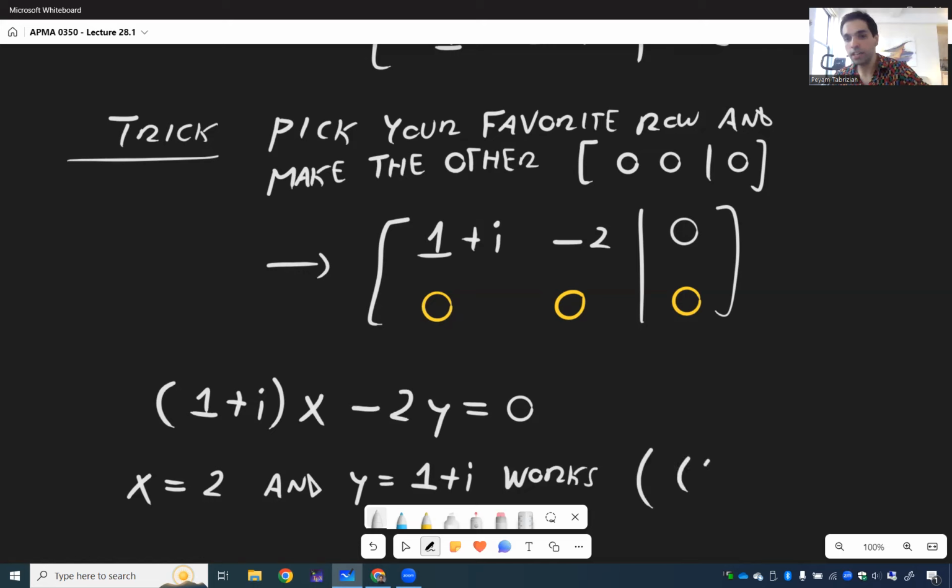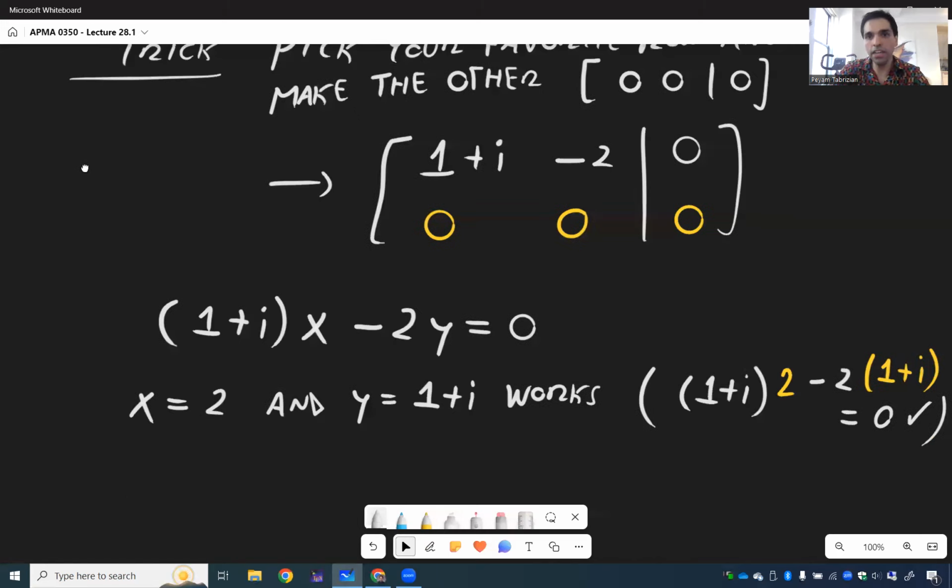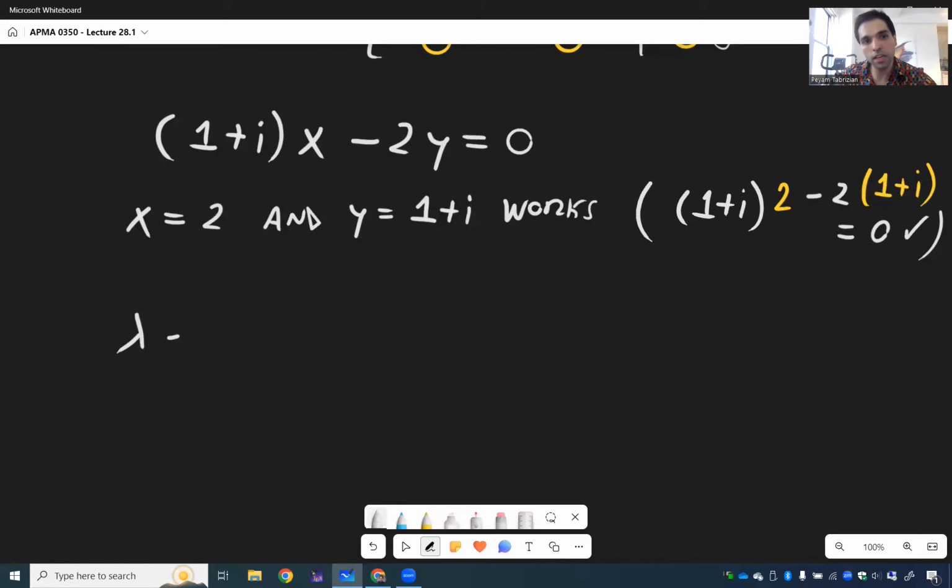You can check: (1 plus i) times 2 minus 2 times (1 plus i) equals 0. And so an eigenvector for lambda equals 2i is (2, 1 plus i). I do want to say, and I will say this again, there are multiple correct answers here, depending on which eigenvalue you pick, which row you pick, and which guess you pick.